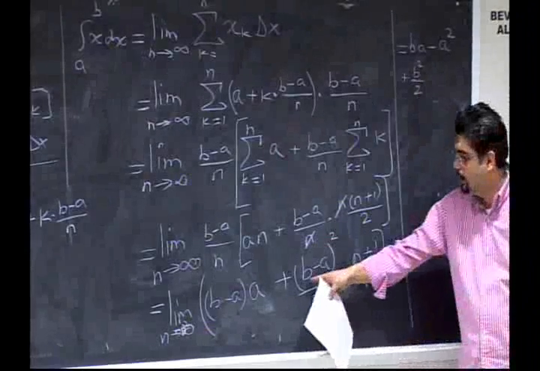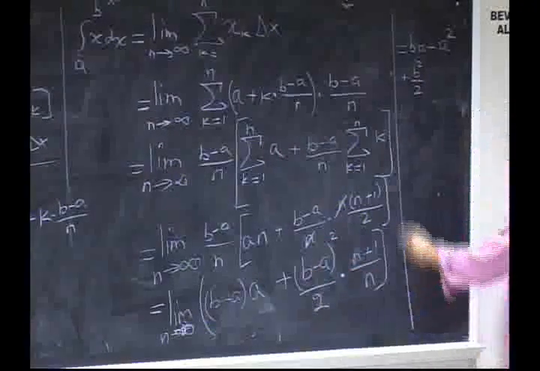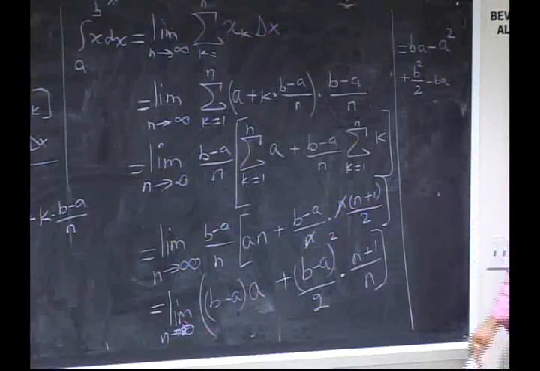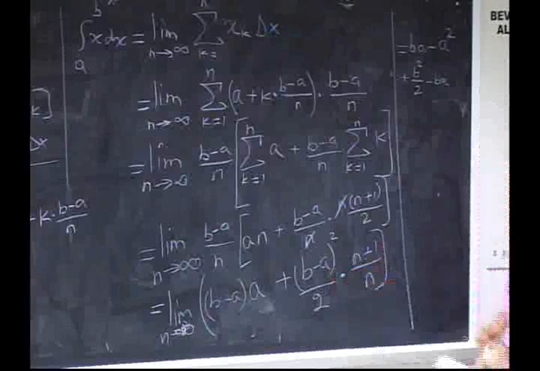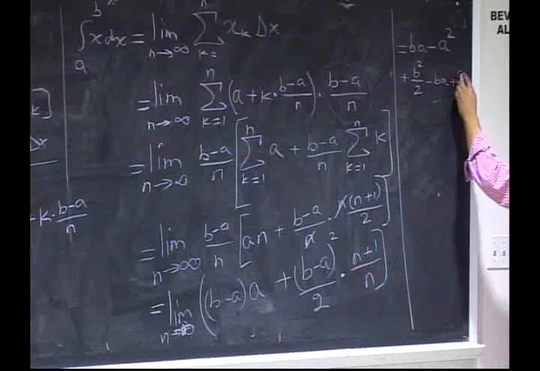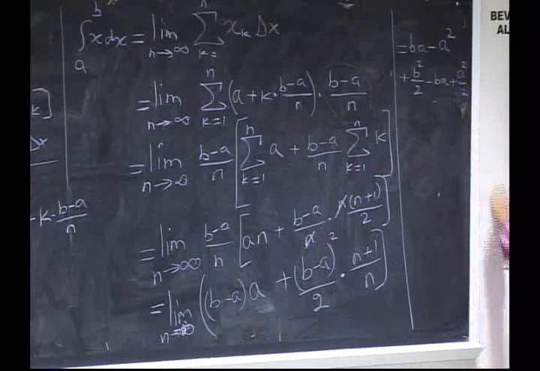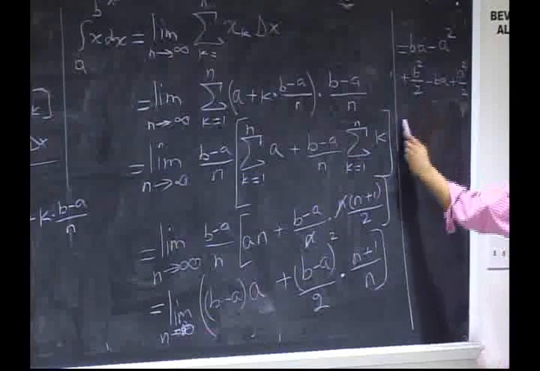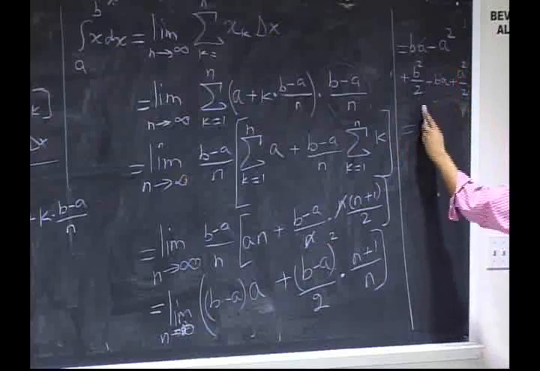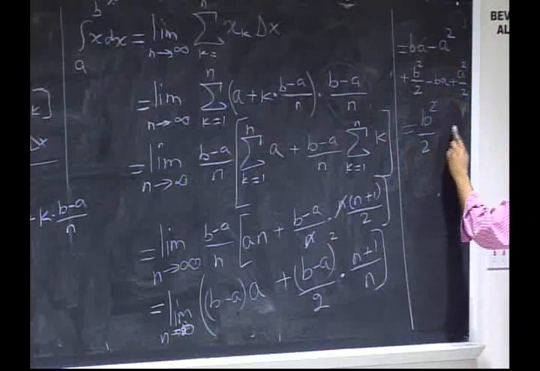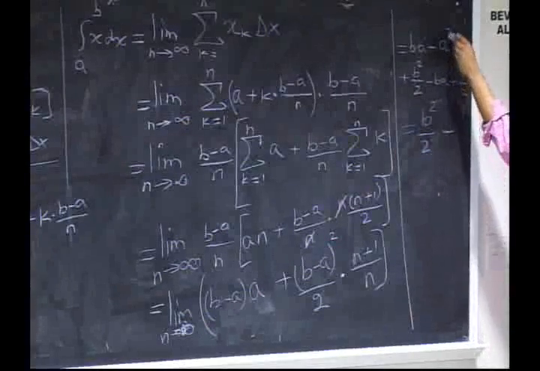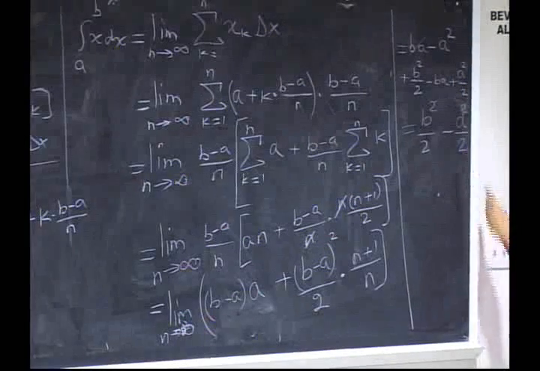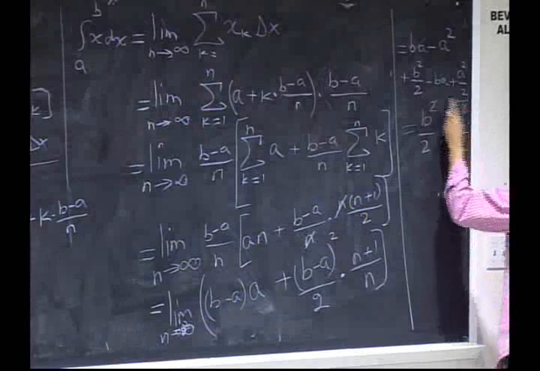The middle term would be minus 2ab over 2, so it would just be minus ab, ba. And then the last term would be a squared over 2. Now, as you can see, ba and minus ba cancel. And so you get b squared over 2, minus a squared plus a squared over 2 is minus a squared over 2. And so that's the answer.